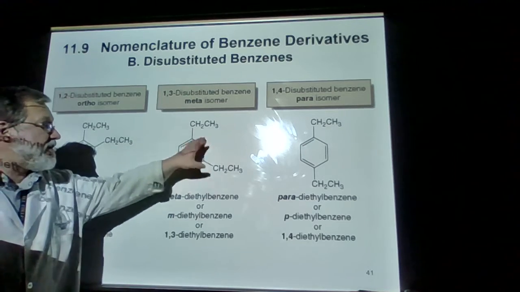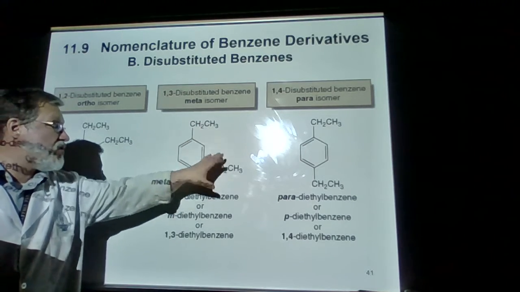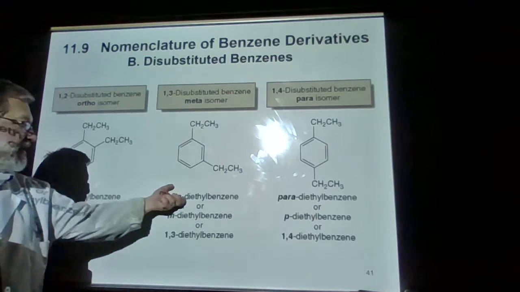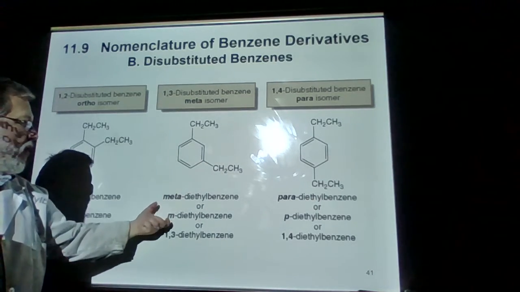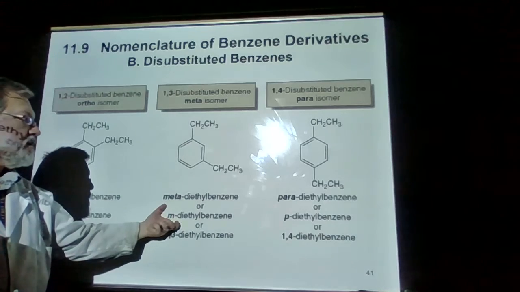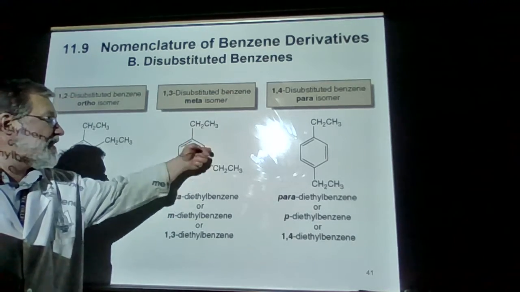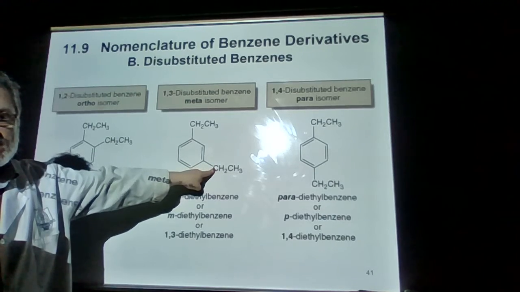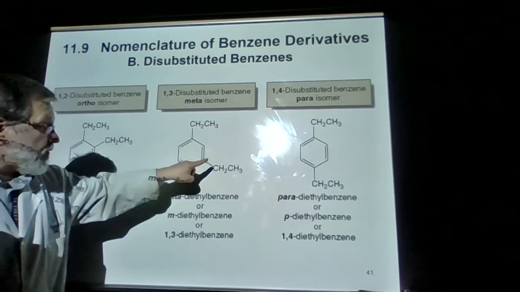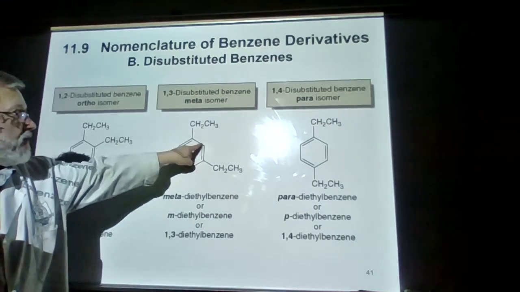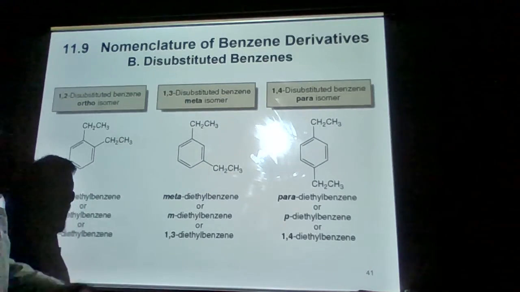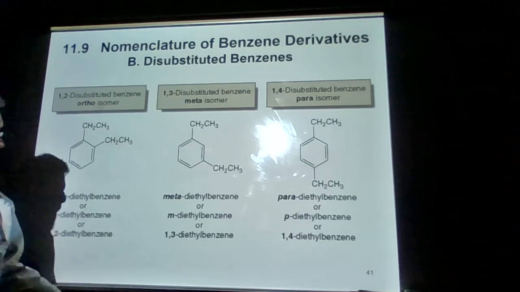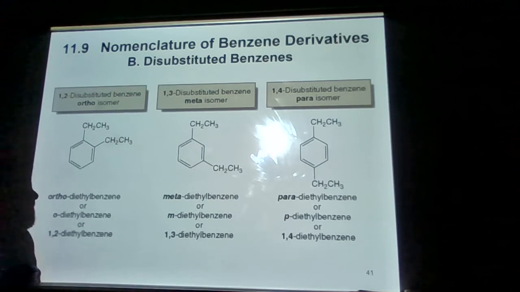We describe the position of these two CH2CH3 groups as meta, M. This one is at 1, that one is at 3. So meta, or M, or 1,3 diethylbenzene.